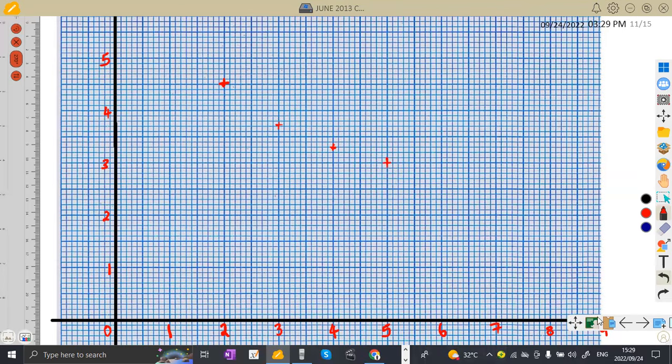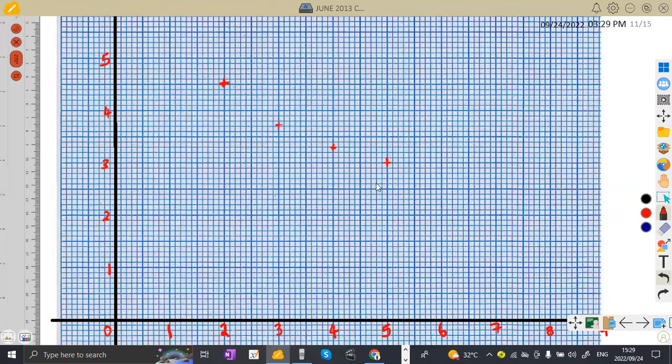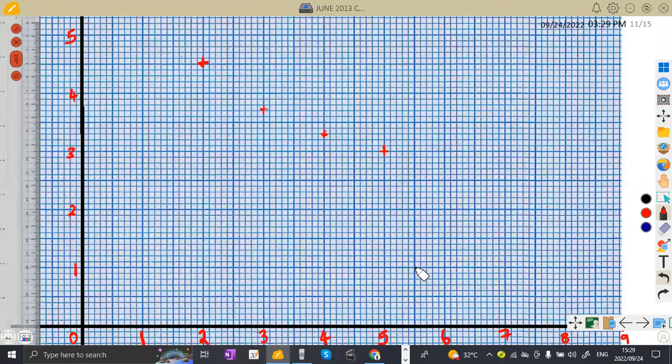All right, then we move on to 6. It's 6 versus that value of Q, which is 2,8. So 2,8 is just above 2. 2,5 is in between 2 and 3. This is 2,5, 2,6, 2,7, 2,8, so it's 3 boxes above 2,5.